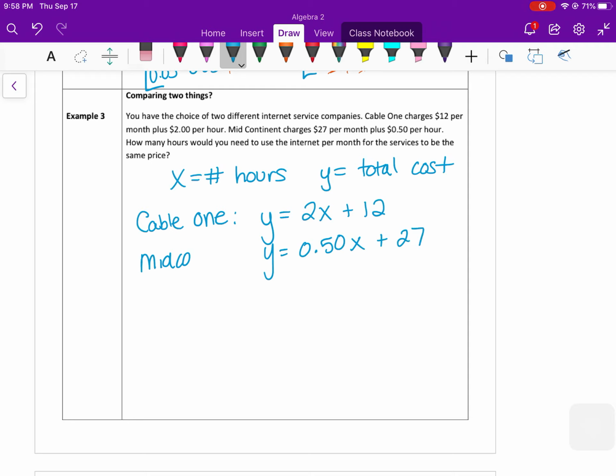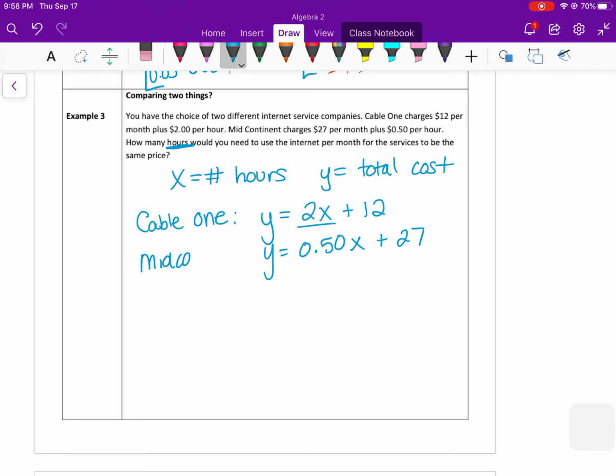Now this one we really want to use a matrix C to, actually we can still. The matrix C would give us the point where these intersect, which means where the X and Y are the same. So that would tell us how many hours would be the same. But if you're going to put this into a matrix, you need to line it up.